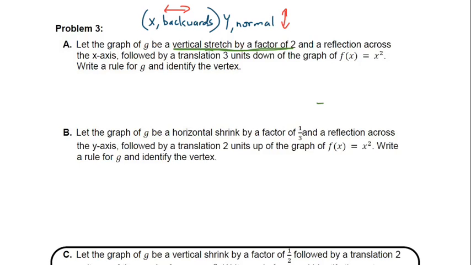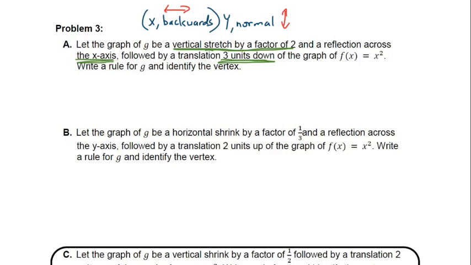A reflection across the x-axis, well, that's also outside. Remember, to go across the x, you have to go up and down. Followed by a translation 3 units down. So that's also a vertical thing, and that's everything. So everything for this one is outside.